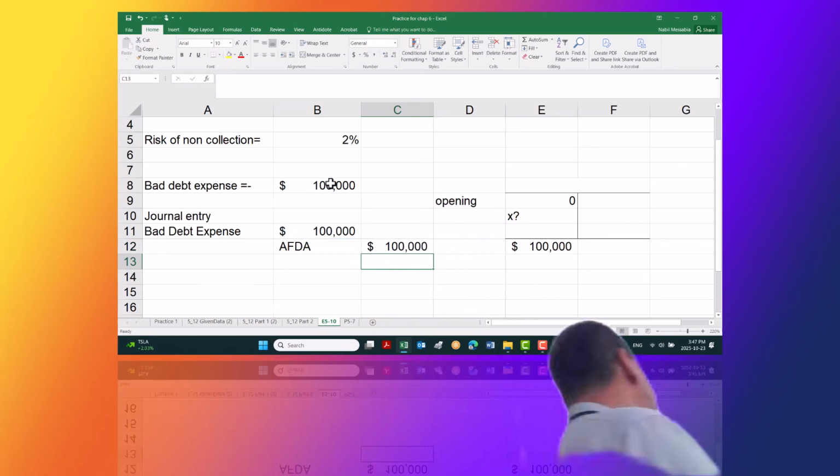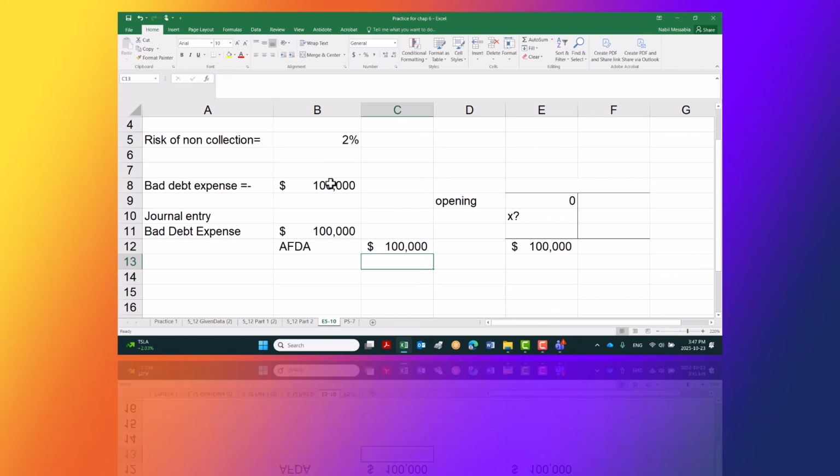As easy, as simple as this. The number you get when you multiply the credit sales by the percentage is the same amount that will be in your journal entry, which is different from the other approach.